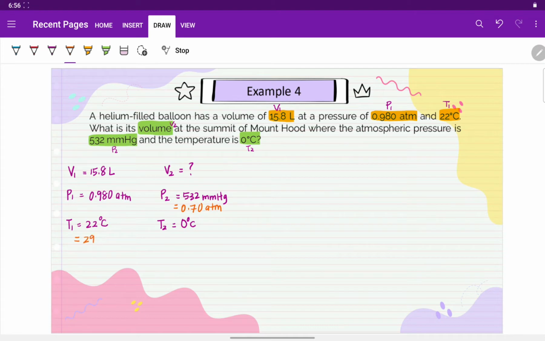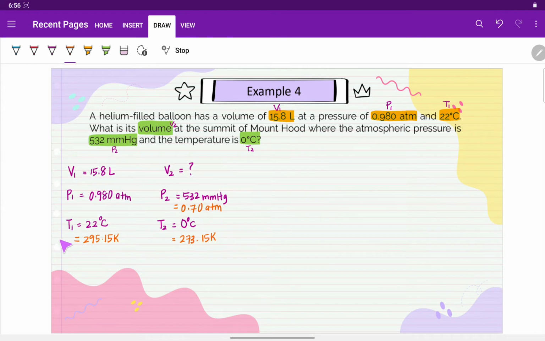So we're going to get 295.15 Kelvin. Ingat conversion tambah 273.15. And then T2 is 273.15 Kelvin.